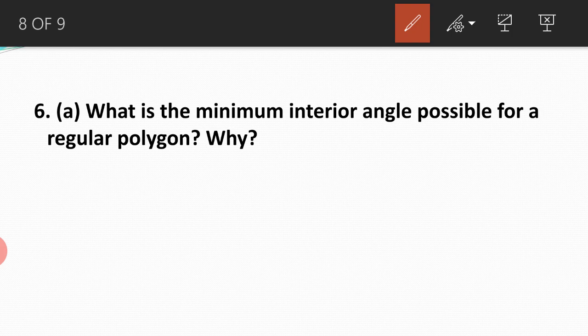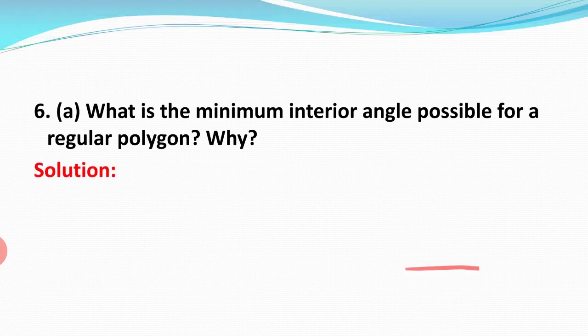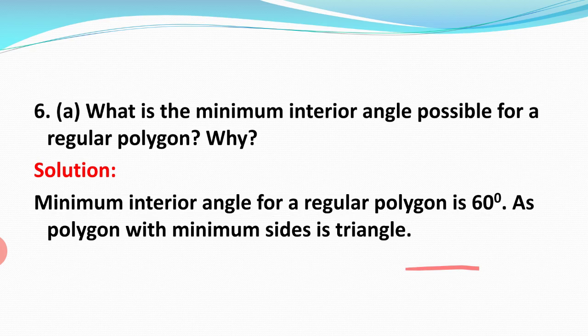When the polygon will have minimum sides, and that is triangle, that is equilateral triangle. Okay, so we write minimum interior angle for a regular polygon is 60 degree, as polygon with minimum sides is triangle, and that is equilateral triangle.